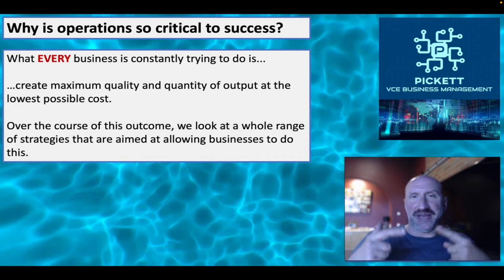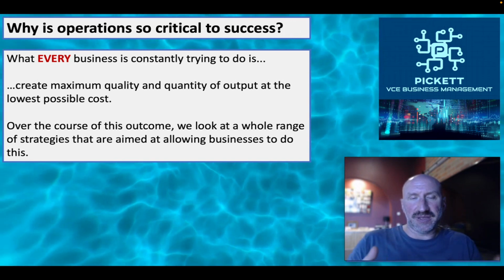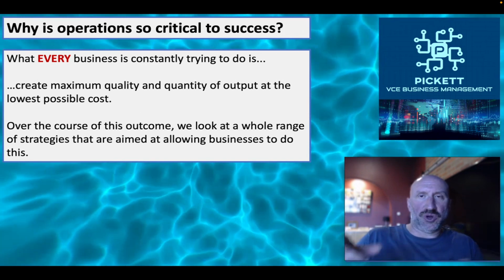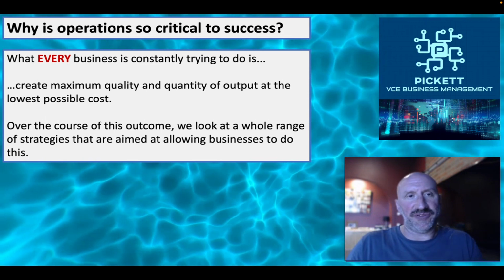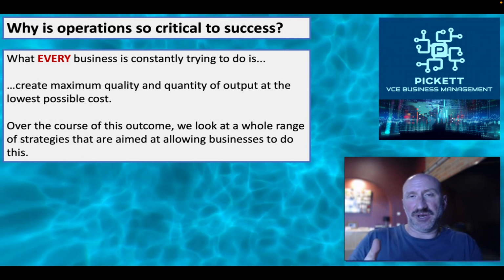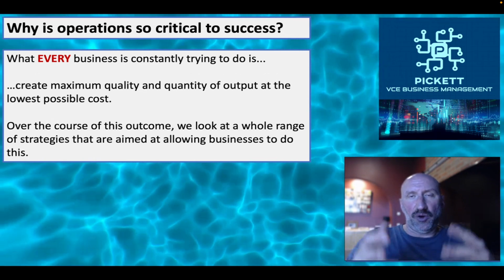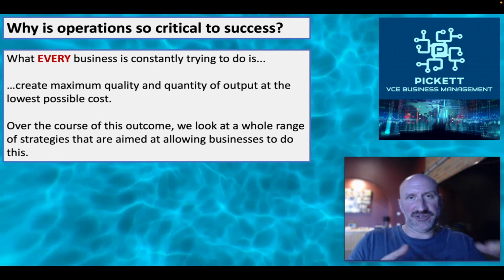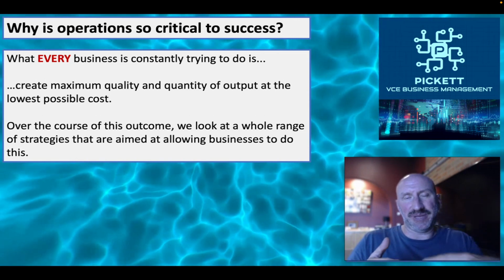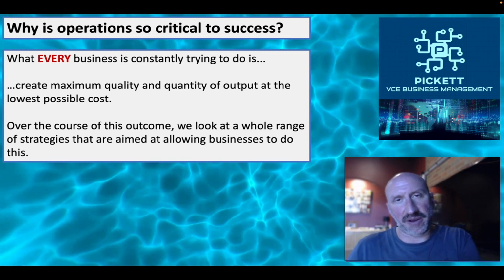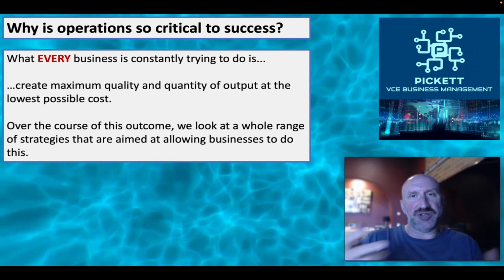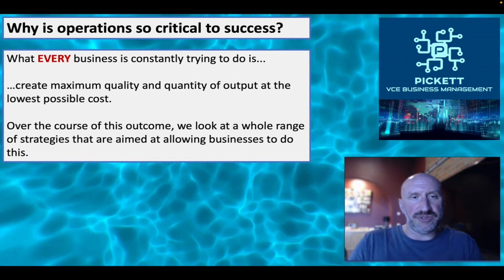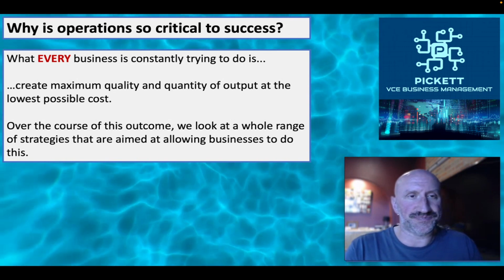So at the end of the outcome, you will have more of an understanding of some of this stuff and will be able to answer questions on it, even though it's the first key knowledge dot point. You'll be able to answer them better at the end of the outcome, because you will have more examples to use when you're answering the questions.